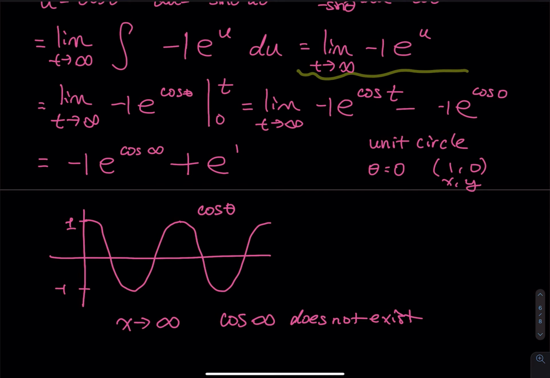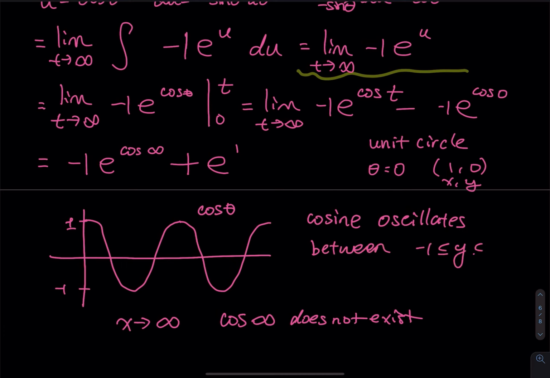So the reason is cosine oscillates between -1 and 1. The range is jumping between -1 and 1. Oscillates means jumping or bouncing between -1 and 1. So it is impossible to determine what that equals when x approaches infinity.